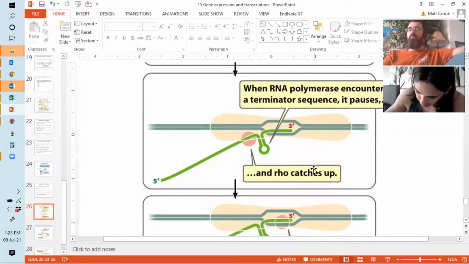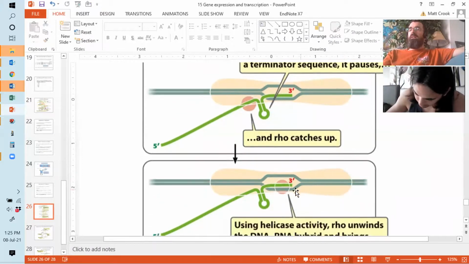Once Rho catches up, it moves into the RNA polymerase and forces that RNA-DNA hybrid apart, and Rho kicks RNA polymerase off of the DNA. And obviously, as soon as RNA polymerase gets kicked off of the DNA, transcription stops.